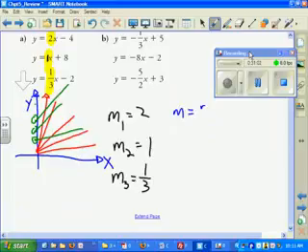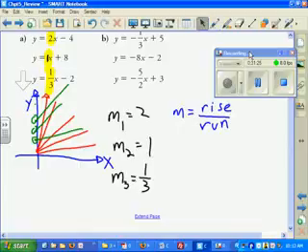But what's considered big? It's all relative. Rise over run. There you go. Slope is equal to rise over run.